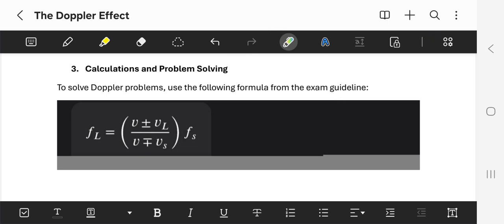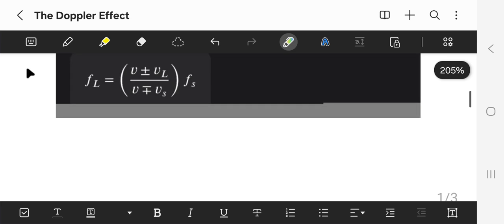Now let's talk about how to do calculations in terms of the Doppler effect. So the Doppler effect will use this formula here. Okay, this formula is FL is equal to (V plus or minus VL) divided by (V plus or minus VS), multiplied by Fs, whereby this FL is our frequency of the listener.